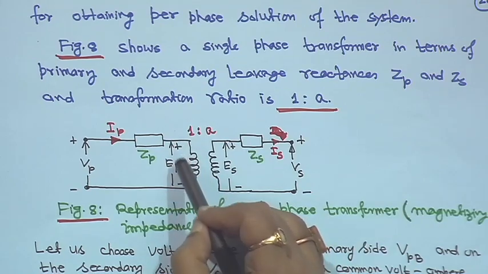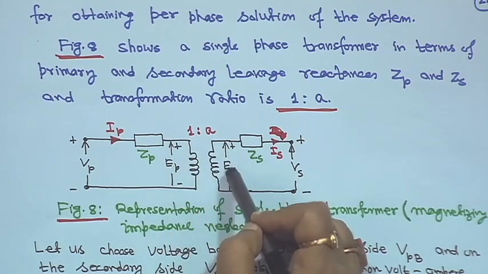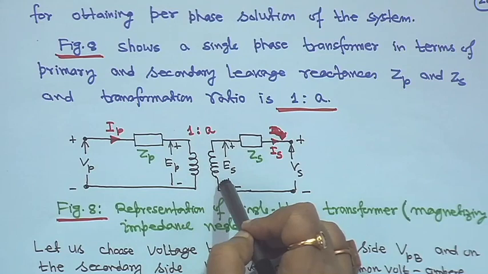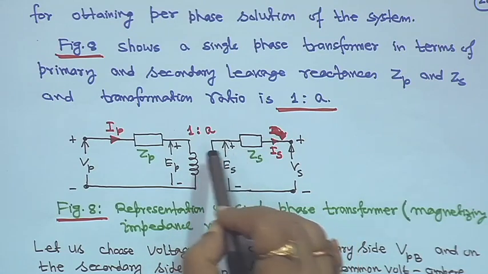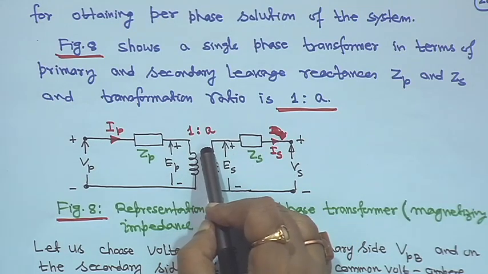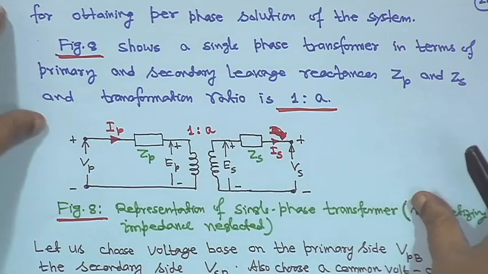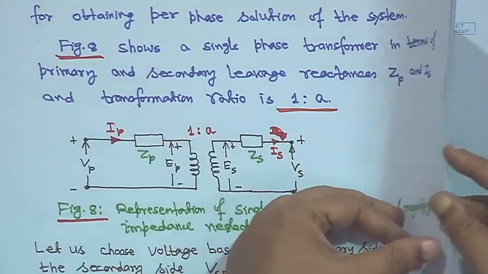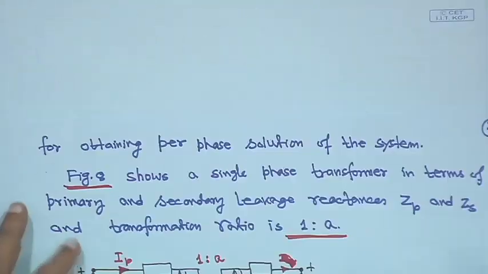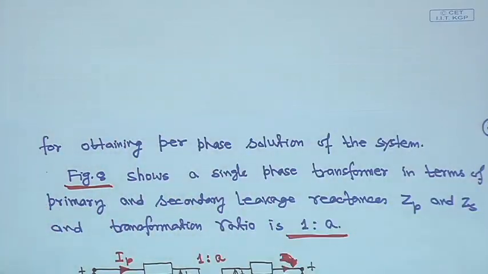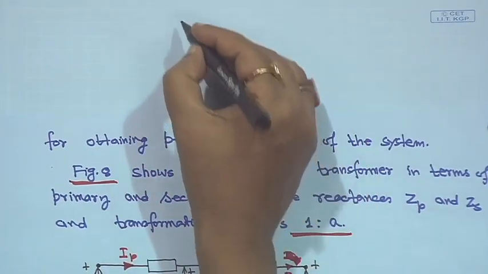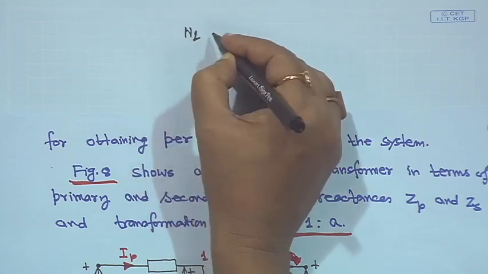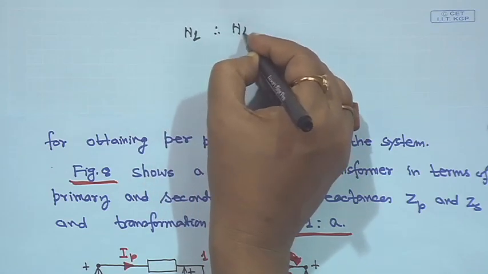And voltage Ep is across the primary winding and Es is across the secondary winding, right. And the turns ratio is given as 1:A, right. 1:A means, very simple, you know it, suppose the primary side turns is N1 and the secondary side turns is N2.